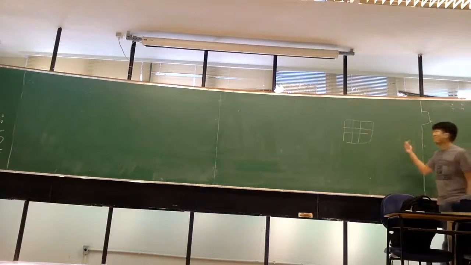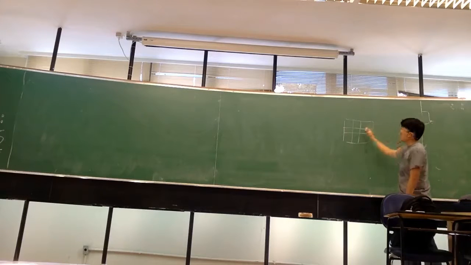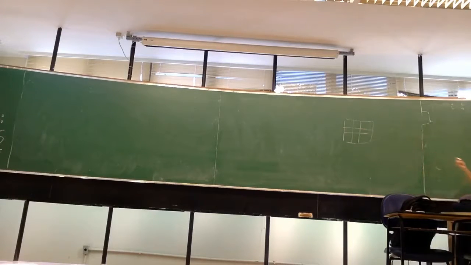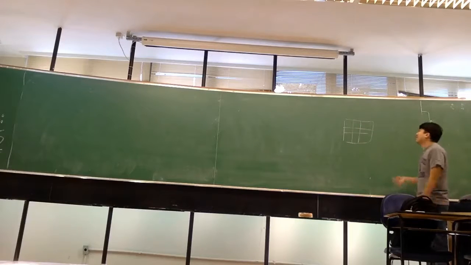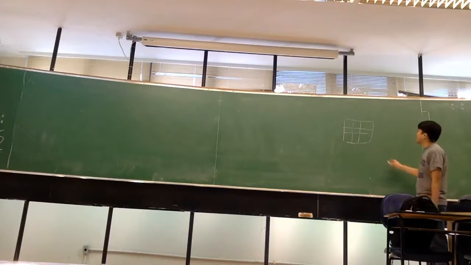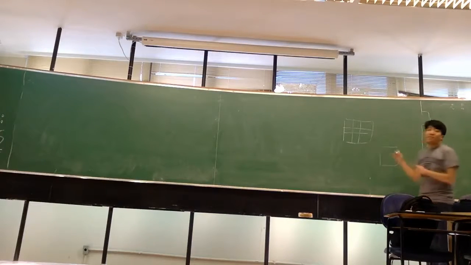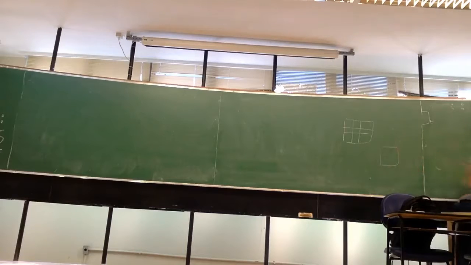A magic square is a square where the sum of each row, diagonal, and column is the same. I guess the easiest way to do this is just to generate all possible magic squares, and then given the input square, you compare it to every magic square that you found, calculate the distance, and take the minimum of all these distances.